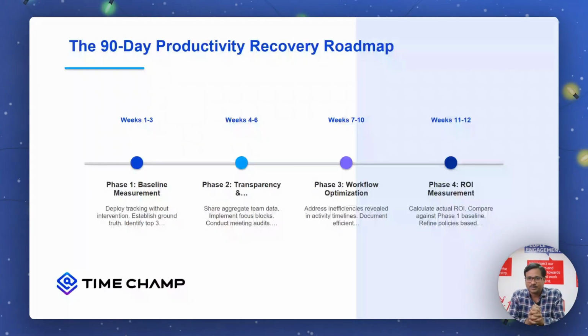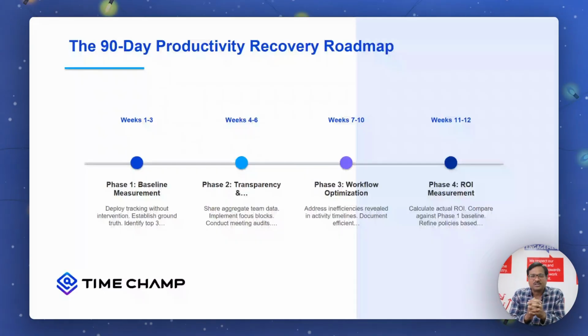All right, you have covered the causes, the measurement framework, and the intervention strategies. Now let's talk about execution, because knowing what to do and actually implementing it are two very different things.